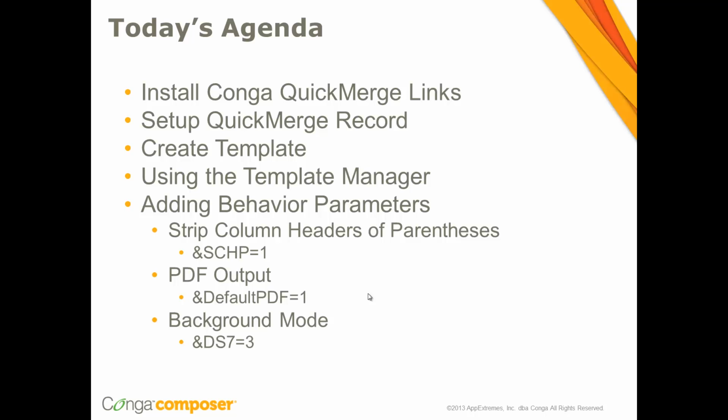And then we're going to add that template into the template manager and configure Quick Merge so that everything can happen with one button click. And we'll do some additional behavior parameters. And you'll see here I've got strip column headers of parentheses, PDF outputs, and background modes highlighted that we'll be talking about.